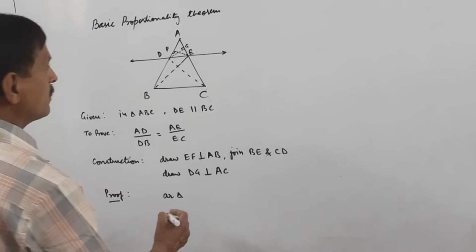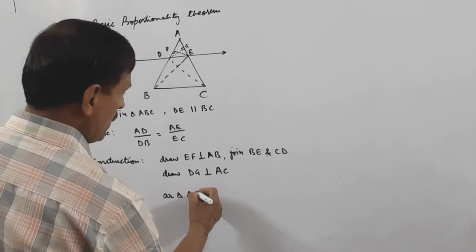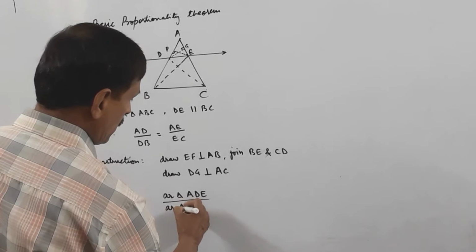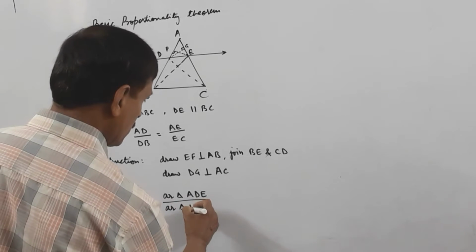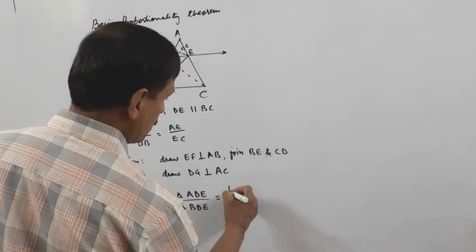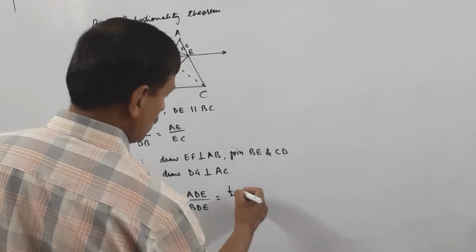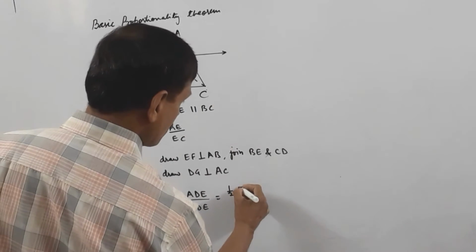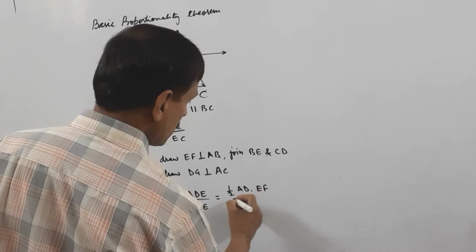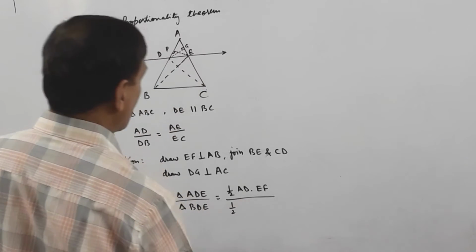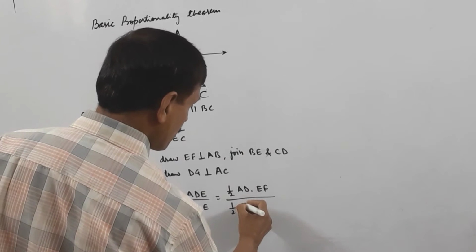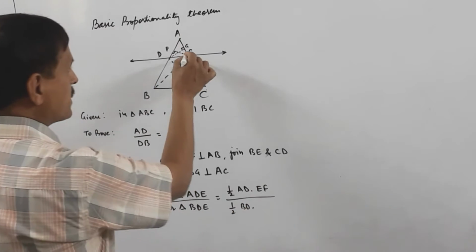Area of triangle ADE upon area of triangle BDE is equal to half base AD into height EF upon half base BD and height is again EF.